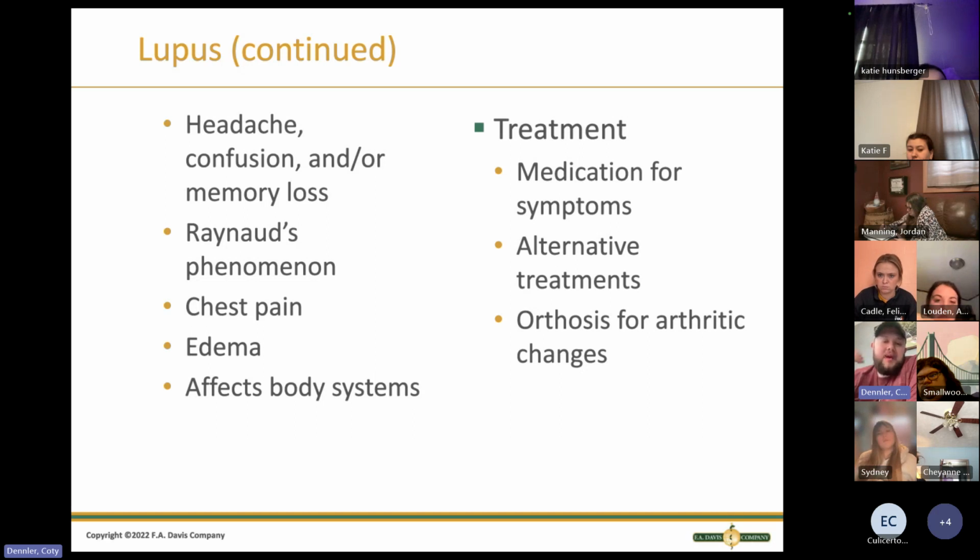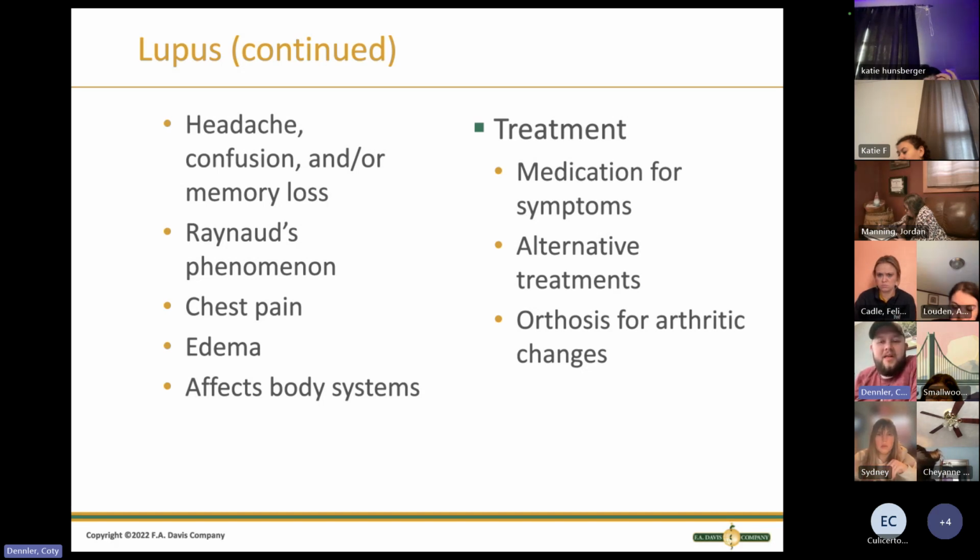They also can have chest pain, swelling, and it can affect several different body systems. Kidneys is a big one. So the treatment for lupus is certain medications, and alternative types of treatment.